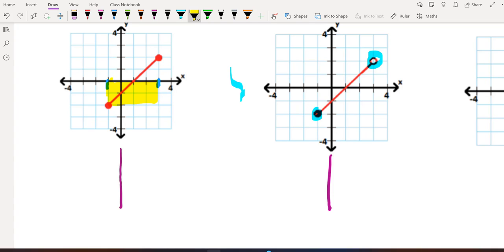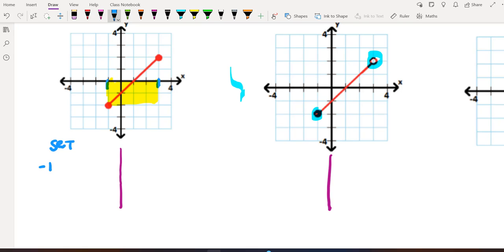Okay, so we start off with the furthest left. What is the value of x here on the furthest left? What is x right here? Close. -1, right? So we start off with the furthest left. This is for set notation.